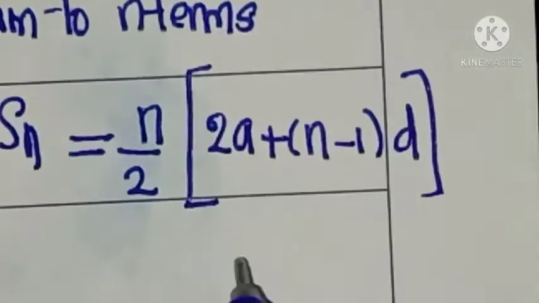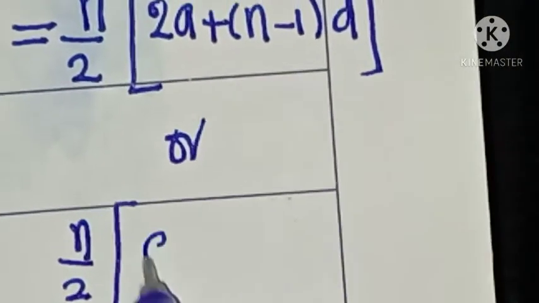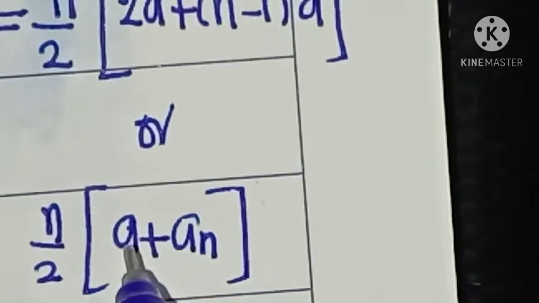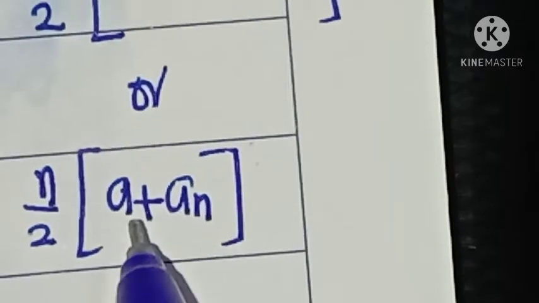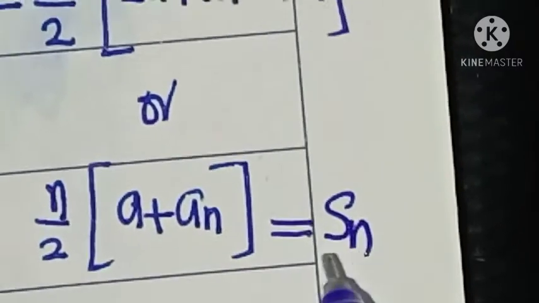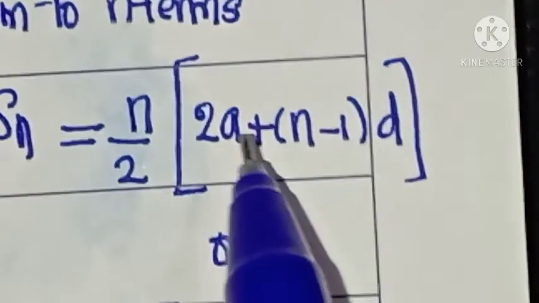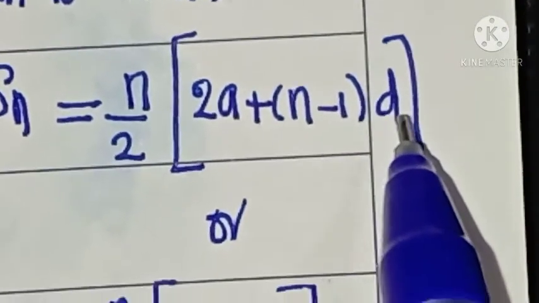Or n by 2 into a plus an. A means first term, an means last term. If first term and last term is given, then we can use n by 2 into a plus an to obtain sum. Otherwise, use this result, n by 2 into 2a plus n minus 1 into d.